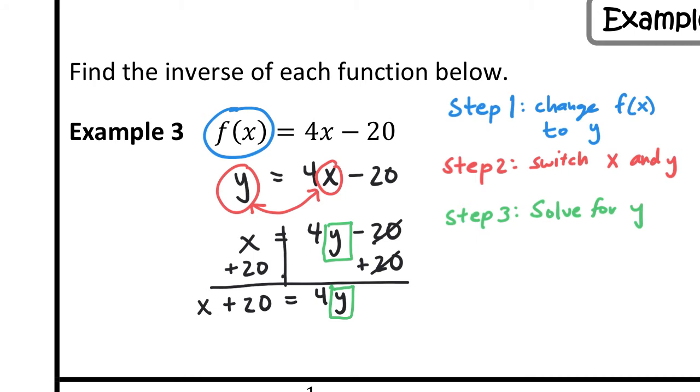What's the opposite of multiplying by 4? Dividing. So this is going to cancel over here. And so I'm going to end up getting x over 4 plus 20 over 4 equals y.